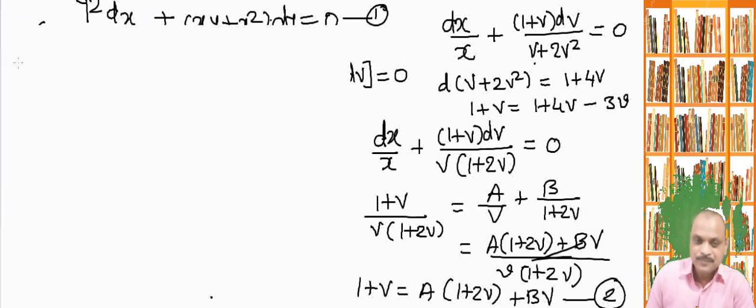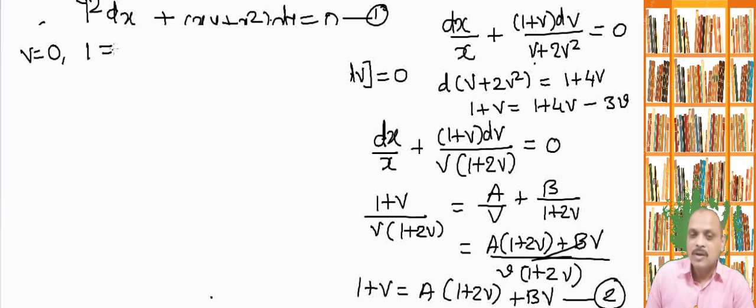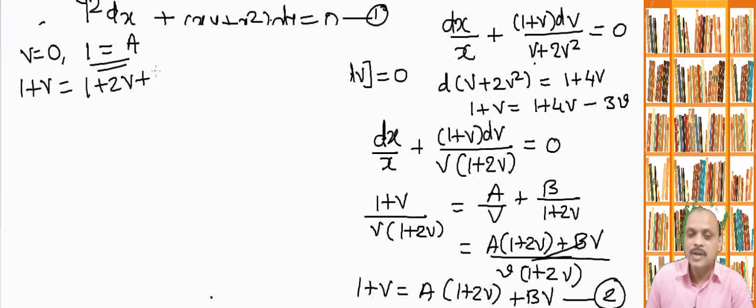Now let us put v equal to 0 in equation 2. If we put v equal to 0 in equation 2, we get 1 equal to a. Now, let us put the value of a in equation number 2: 1 plus v equal to 1 plus 2v plus b into v.